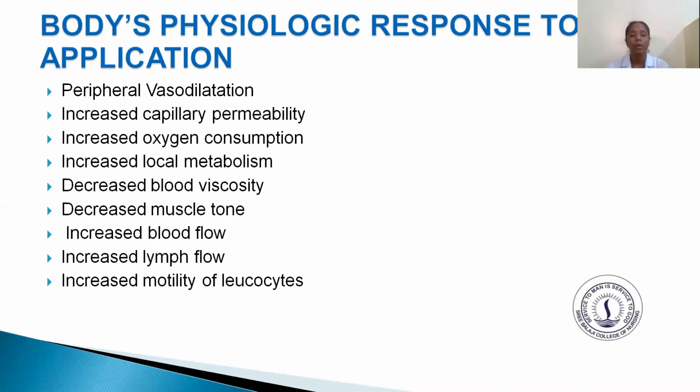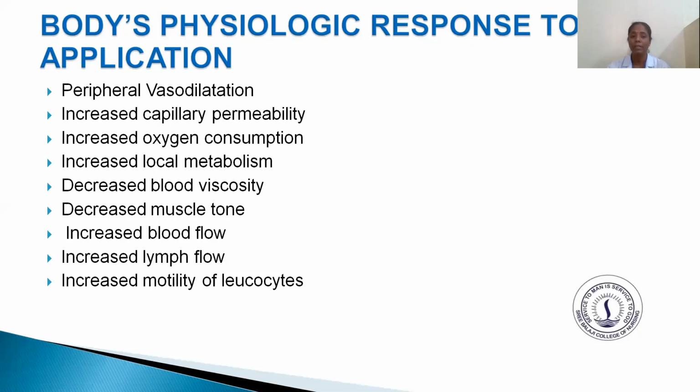So, if you are applying a hot application, what will happen? The blood vessels are dilated. So what will increase? The capillary permeability increases, as well as the oxygen level, the metabolism and the blood circulation.